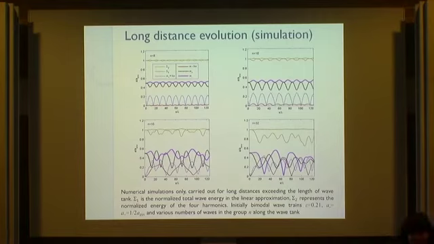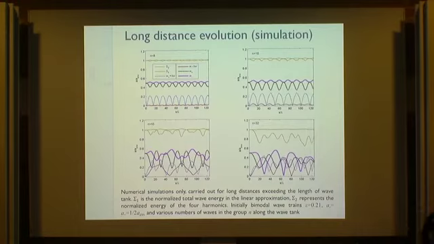Also, we have a container, well, long, but not so long. 15 meters is good if you want to see how the waves evolve in the beginning. But if you want to see bigger distances, like 100 meters, 200 meters, we don't have such a facility.